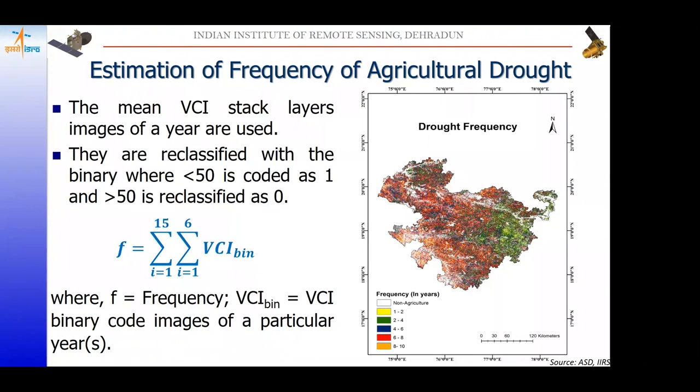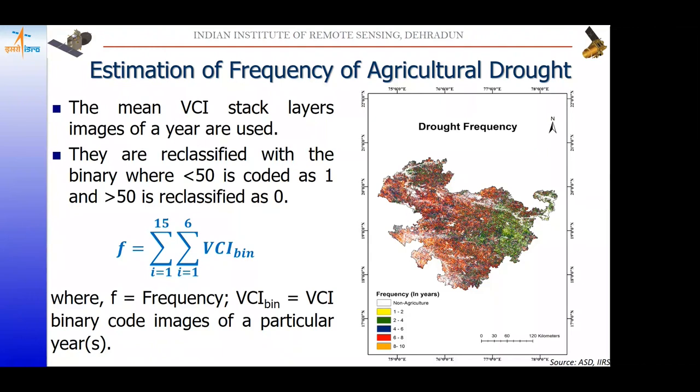You can easily find where the orange and red color is, which is higher in terms of frequency in years, like out of the 15 years, 2001 to 2015, that area is more frequent in terms of drought persistence over time.